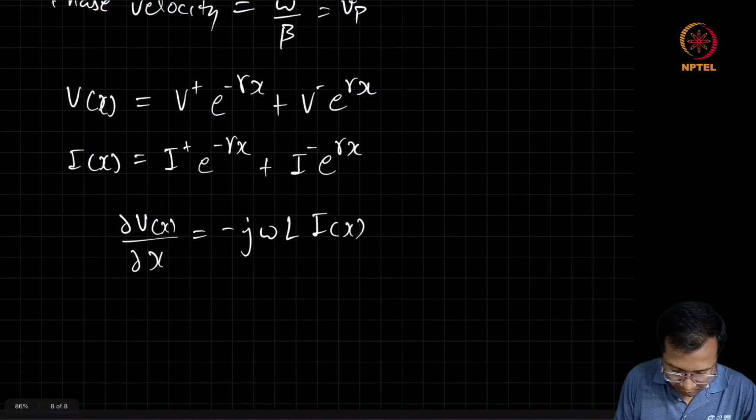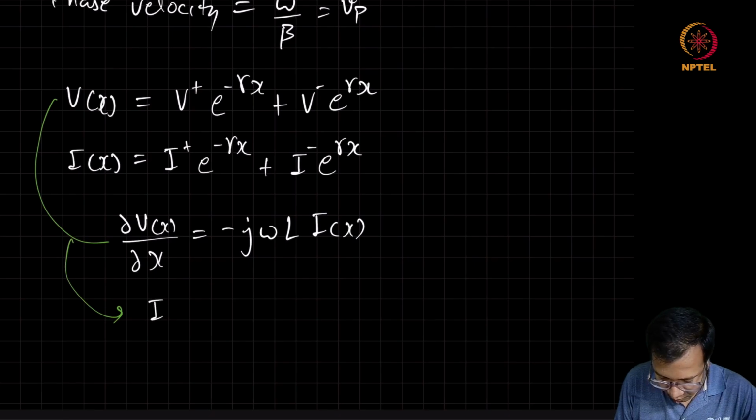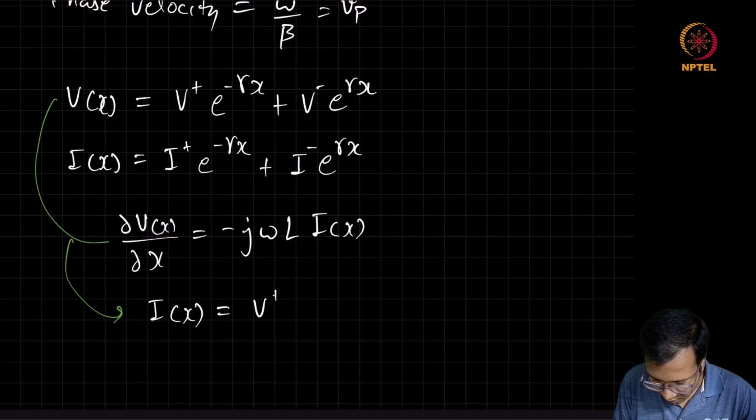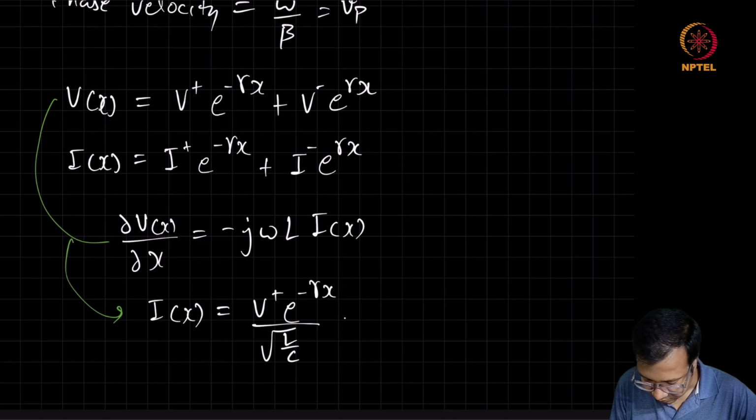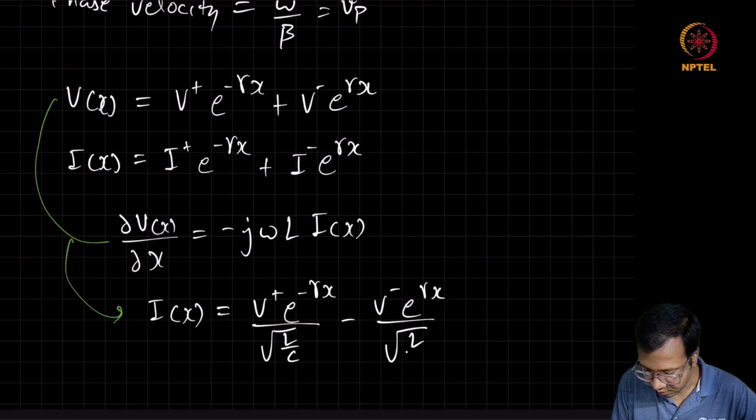From these two equations, we can write I of x to be equal to V plus e to the power minus gamma x divided by root over L by C, minus V minus e to the power plus gamma x divided by root over L by C.